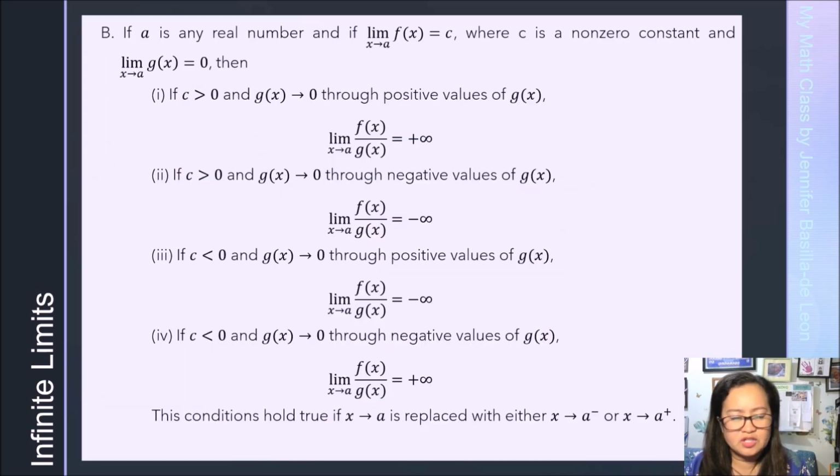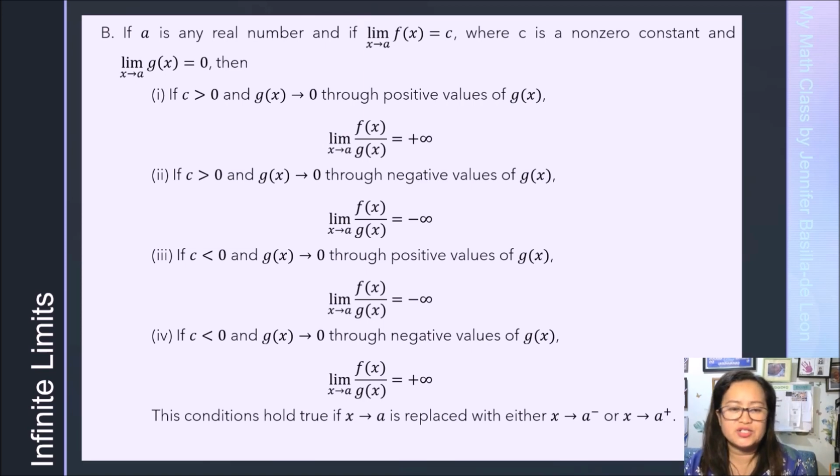Now let's consider the second set of laws about infinite limits. If a is any real number and if the limit of f of x as x approaches a is equal to c, where c is a non-zero constant and the limit of g of x as x approaches a is equal to 0, then we can have 4 possible outcomes.